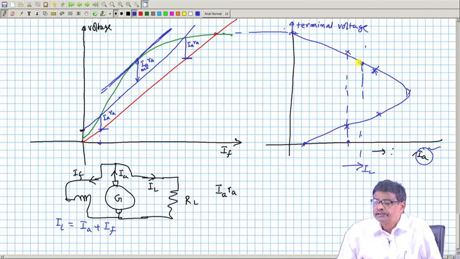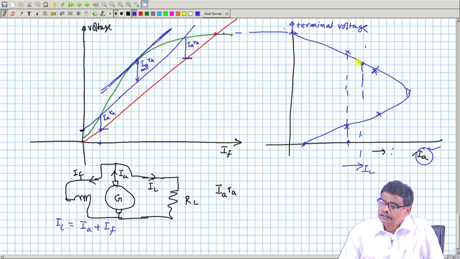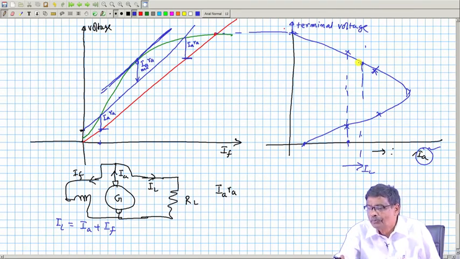In case of a shunt generator, the voltage drop or voltage regulation is slightly higher, not only because of IA RA drop and brush drop, these are common in a separately excited generator as well. Armature reaction will be also there, but also because the field current drops a bit. Flux per pole is also reduced as you move from one operating point.